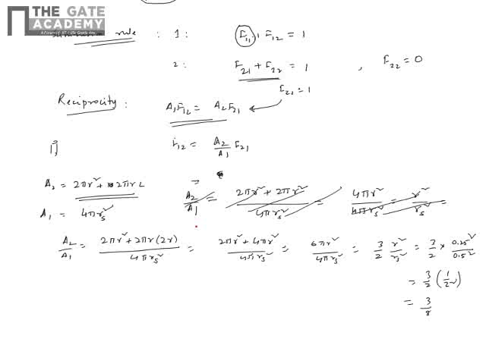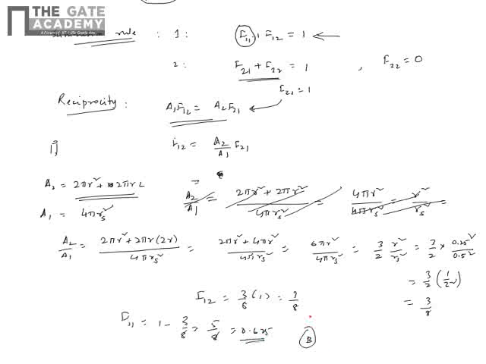So now if I substitute, F12 is 3 by 8 times F21, which is 1, so this is 3 by 8. And again if I substitute in here, F11 is 1 minus 3 by 8, which is 5 by 8. 5 by 8 is nothing but 0.625, which is one of the options.